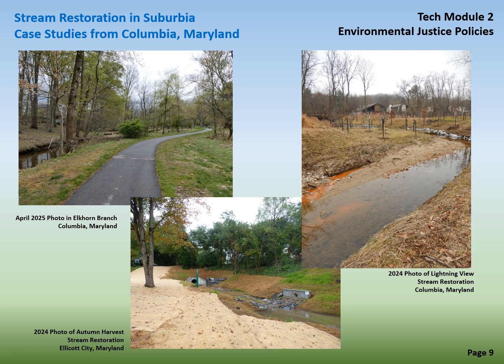Just contrast that with areas that have undergone stream restoration. In the upper left, again, here's Elkhorn Branch today, and you can see the stream there on the left. Looks like a pretty good place to grow up and let the kids do recreation in nature to me.